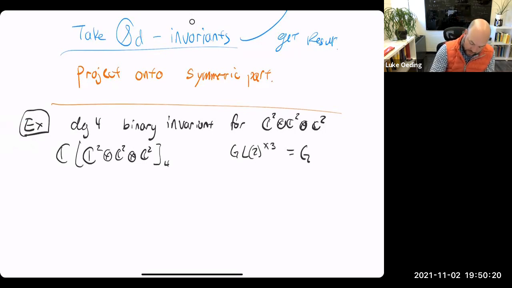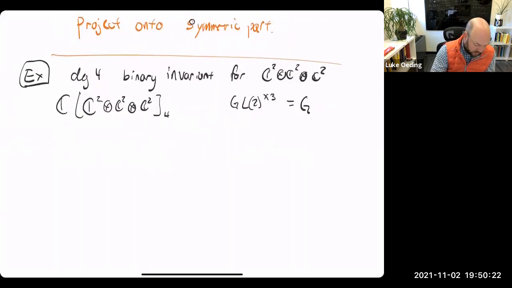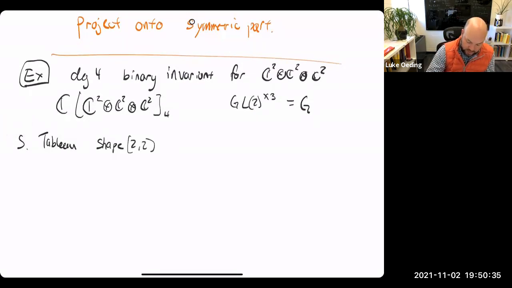Okay, so the first step is to note that the standard tableau of shape 2,2 are the ones that we're going to need for computing something that's going to be invariant. If you go through the dimension formula, to get an invariant, you have to have a box that has the same height as the dimension of the vector space that you care about.